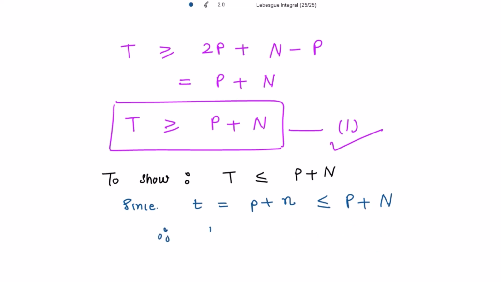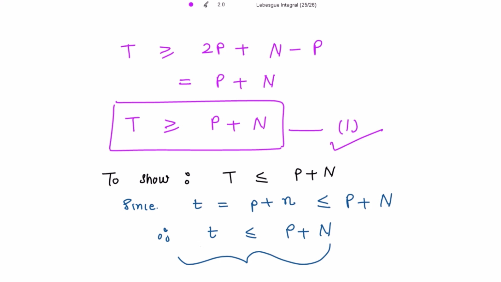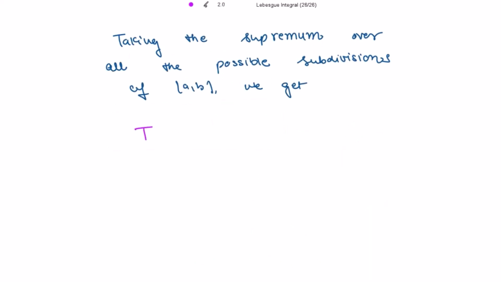So therefore we get small t less than or equal to P plus N. And if I take the supremum over all possible subdivisions of closed interval [a, b], what will change? The small t will be changed into the capital T, and it is less than or equal to capital P plus capital N. Please mark this as 2.